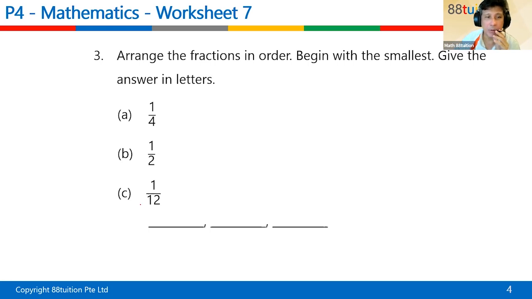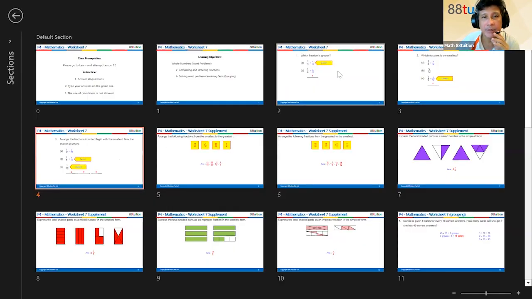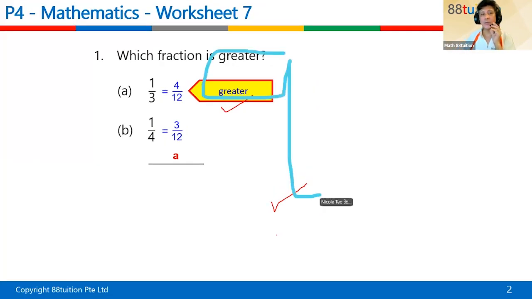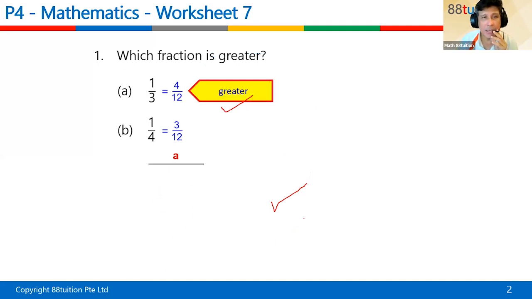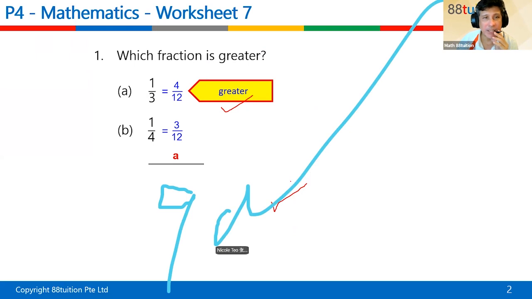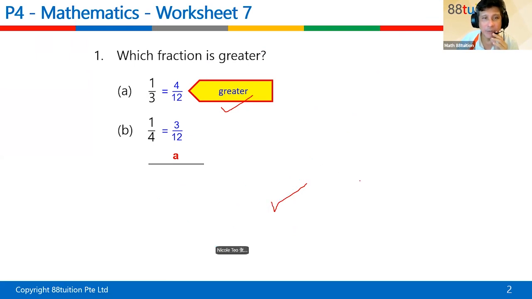Okay, wait, let me go back into our first slide. Hang on, let me find. Okay, our number 1 was this. When we compare which one is bigger, which one is smaller, we change our fractions into equivalent fractions in which the denominators are all 12, and we found that A is bigger than B. Okay, so answer is A. All right.